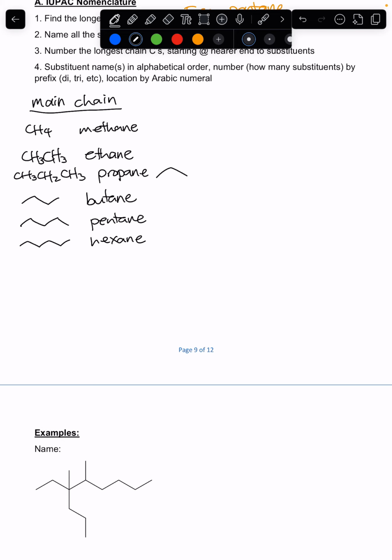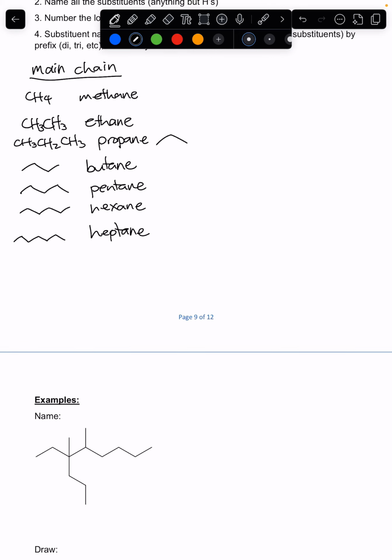7 would be hepta. 1, 2, 3, 4, 5, 6, 7, heptane. Might be helpful for you to know, September is actually coming from the word hept, and it was supposed to be the 7th month, but then I think they added June and July in the middle, so it became the 9th month.